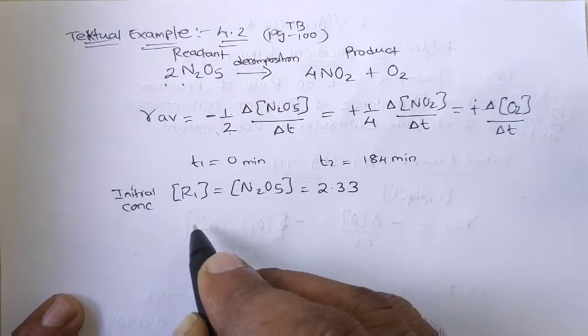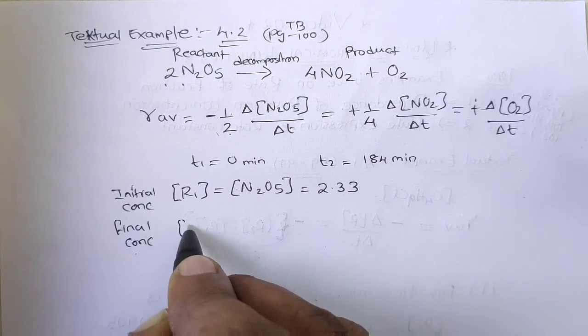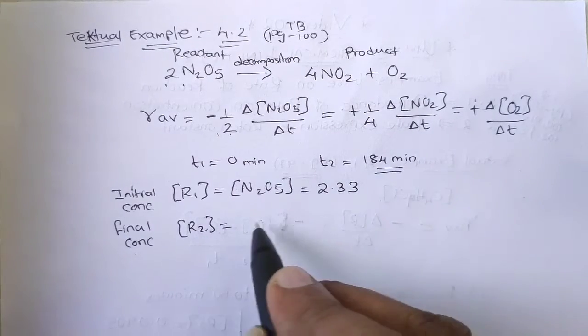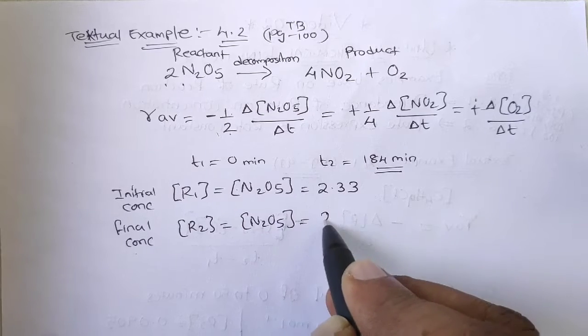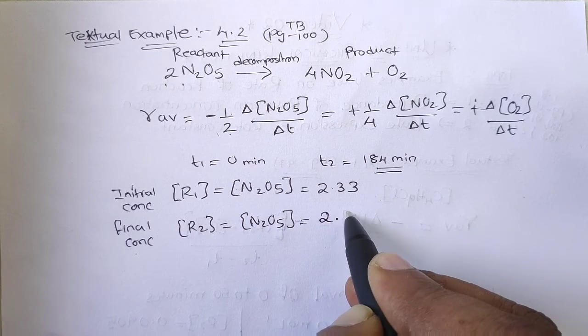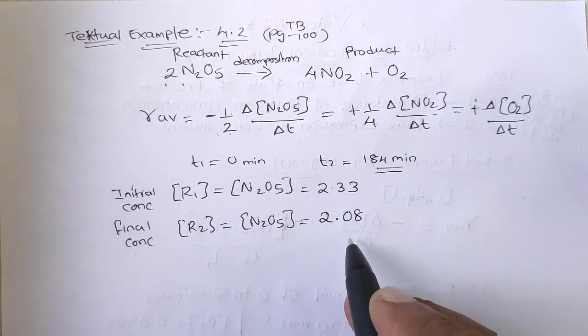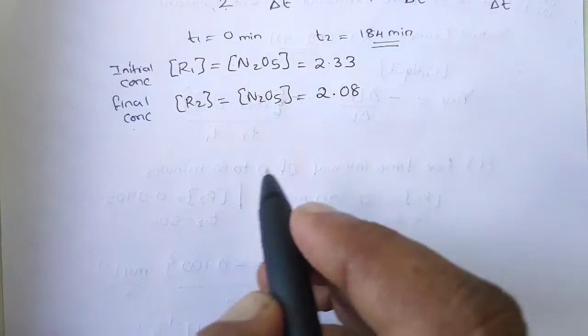After that, the final concentration, I am talking about concentration R2, that is after 184 minutes, it changed, the N2O5 concentration was 2.08, right, like this.